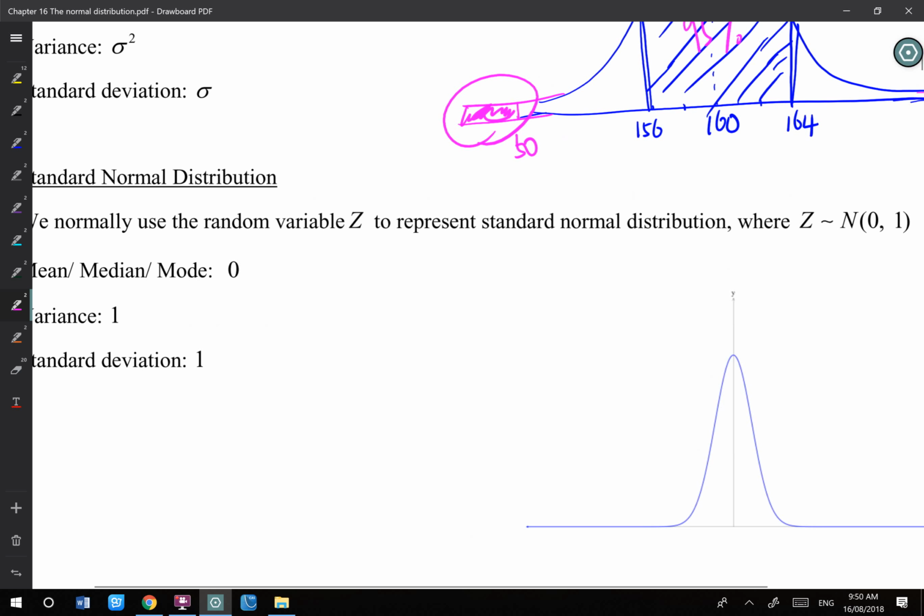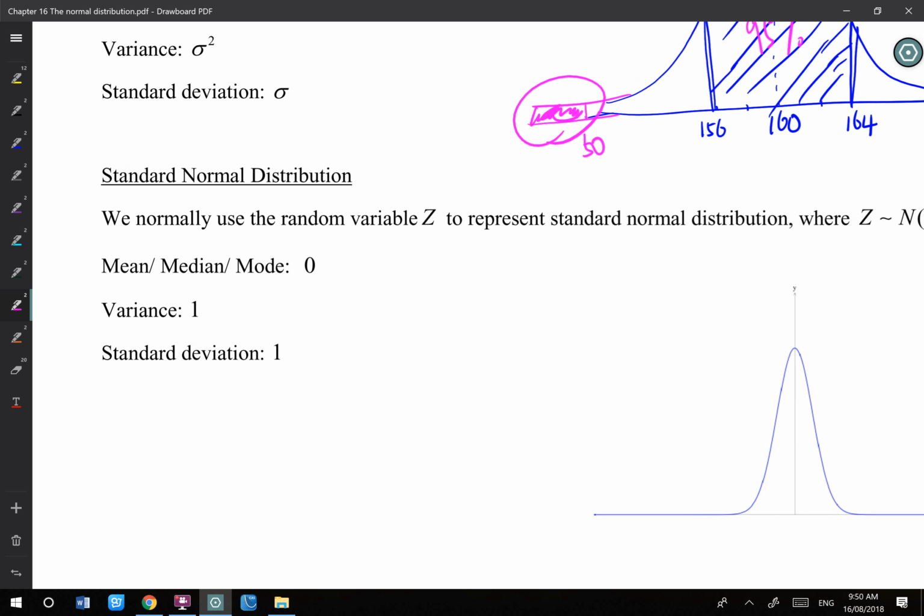Now we introduce a really important thing: the standard normal. We have so many normal distributions; we can change mu to anything, and change the standard deviation to any positive number. So I will have a standard normal distribution to help me. What's a standard normal distribution? The most original one.